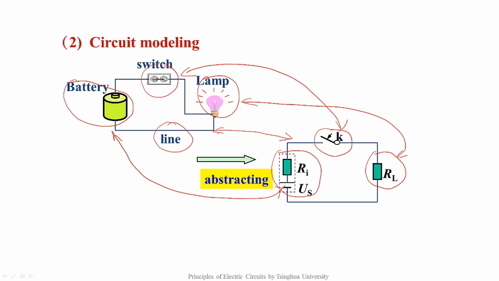Actually, the model is very simple. Why? The value of the resistor is constant in the model, but in fact, the resistance of the bulb will change with the lighting time. The inner resistance of the battery is constant in the model, but in fact, it will change with the power supply time.